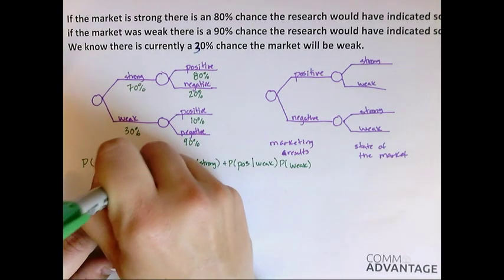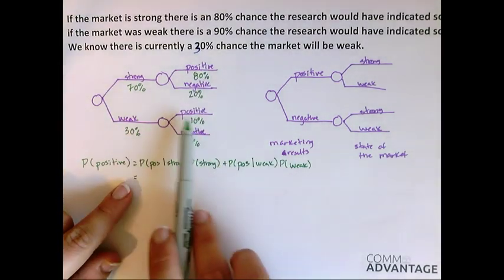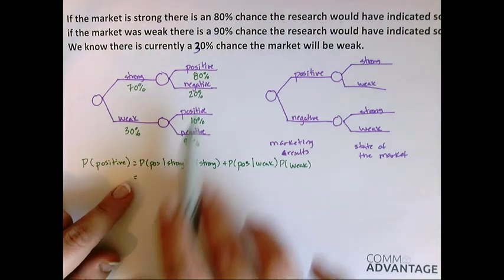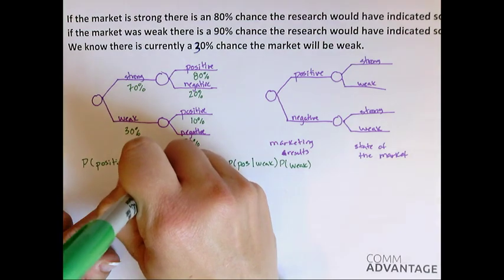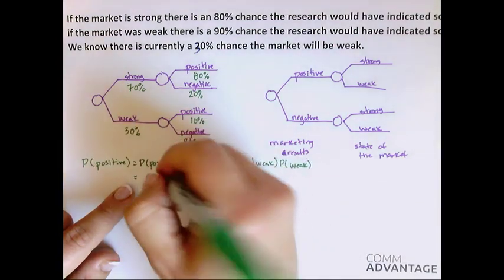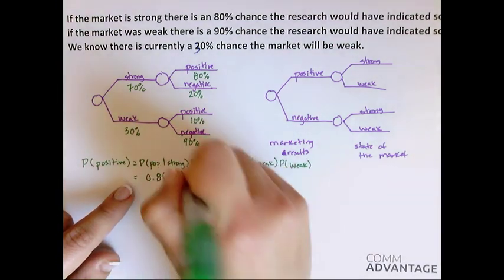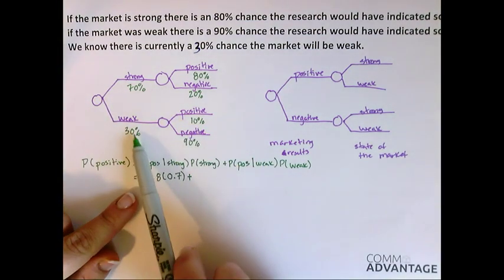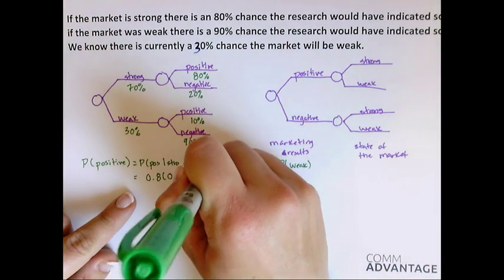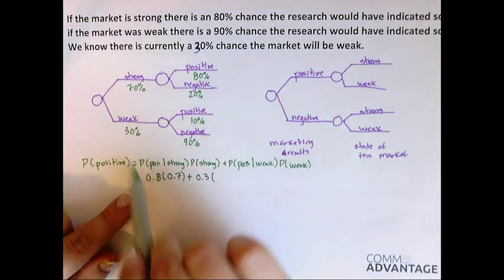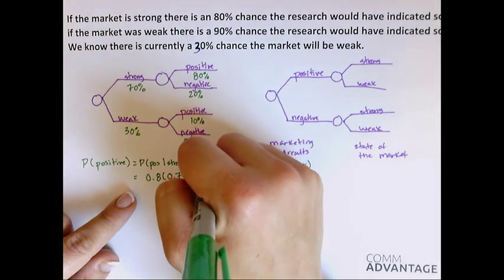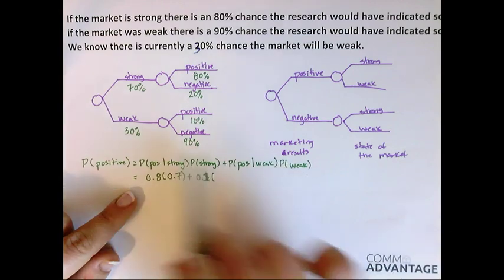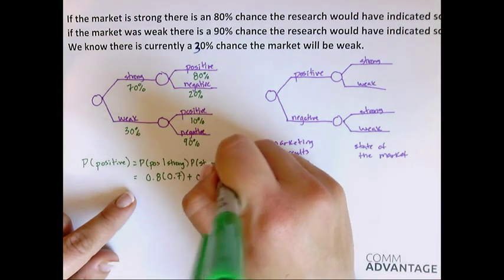But practically speaking, what am I doing? I'm just multiplying those branches together and adding them up. So the probability of it being positive given strong, that's 80%. And the chance that I'm in a strong economy is 70%, plus the probability that it's positive given that we had weak, which was 10%, and then the probability of it being weak is 30%, okay?